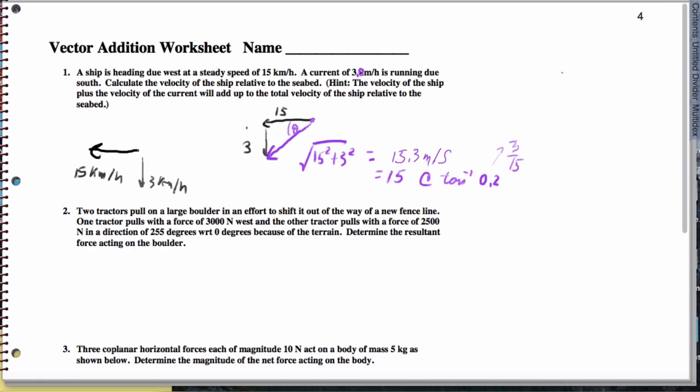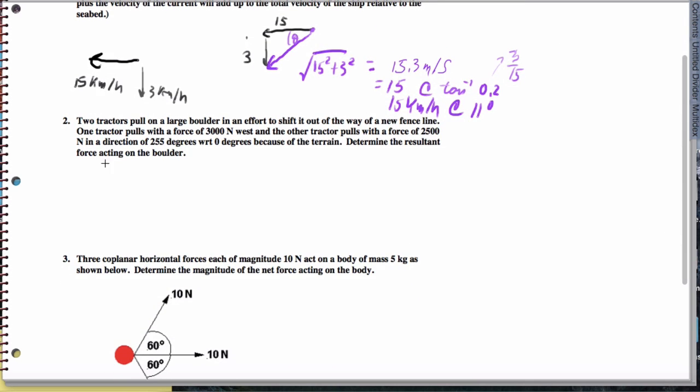So the inverse tangent of 0.2 works out to about 11 degrees. So 15 kilometers per hour at 11 degrees.